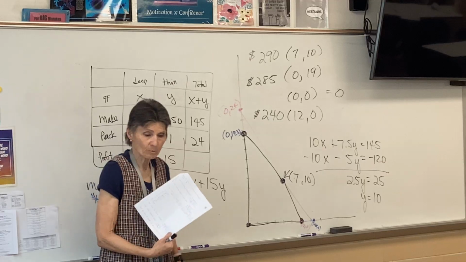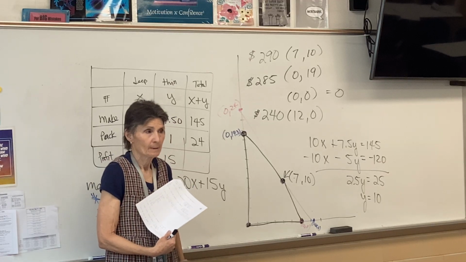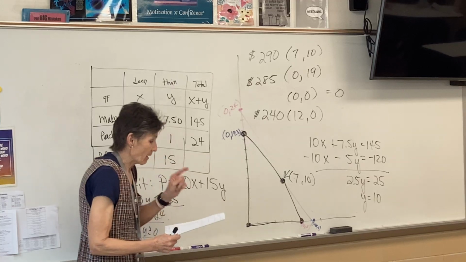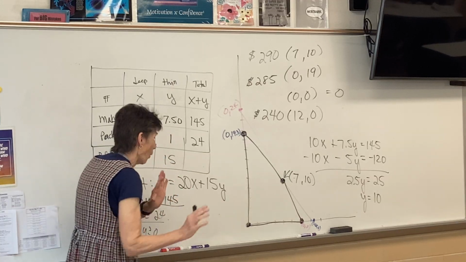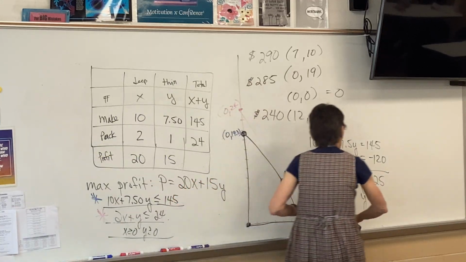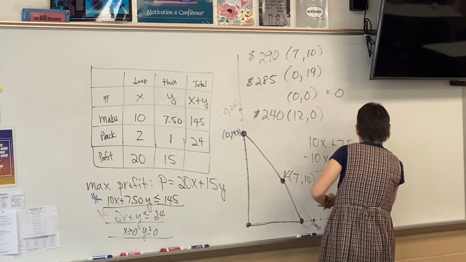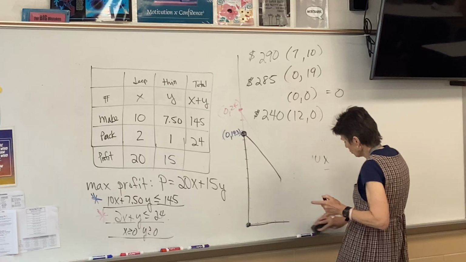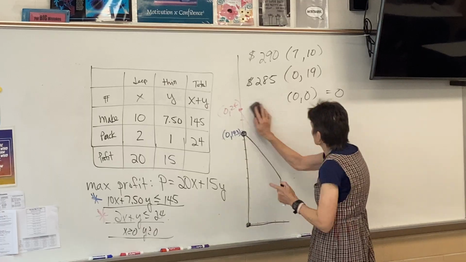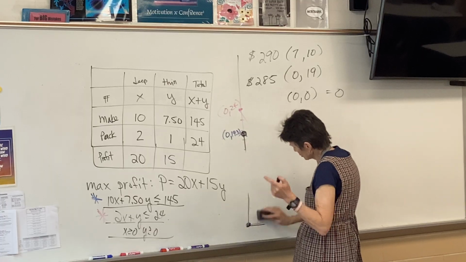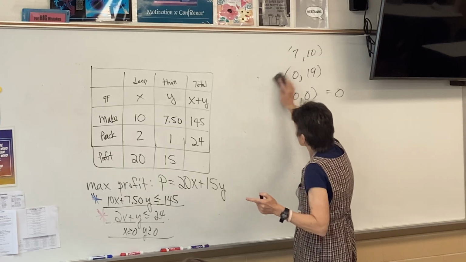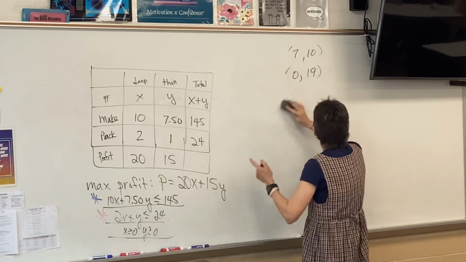So page 6 of the review, pretest number 1. Now, this is, as you can tell, an old review sheet. So things have changed a little bit, not the math, but the requirements of the course have changed a little bit. So you will have, just like you had a calculator problem on the quiz you just took, you will have a calculator problem on your test.